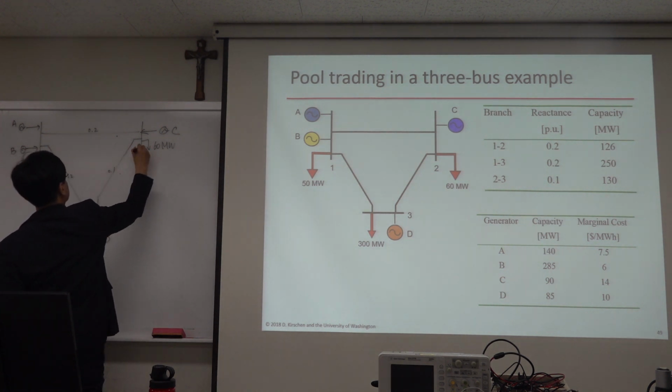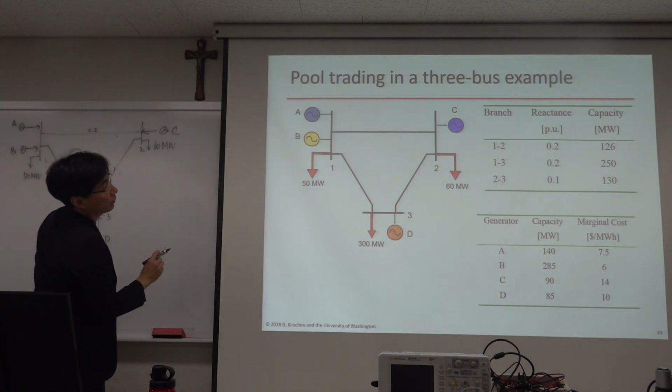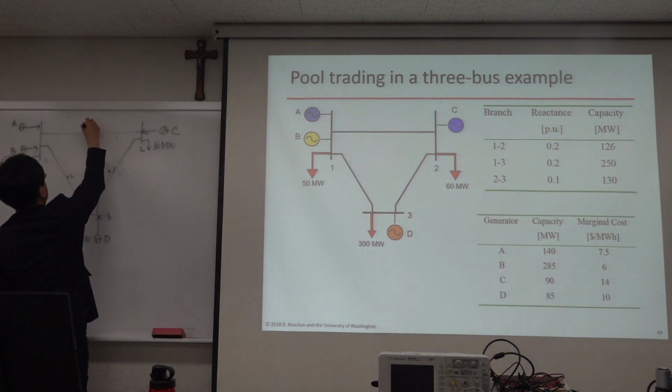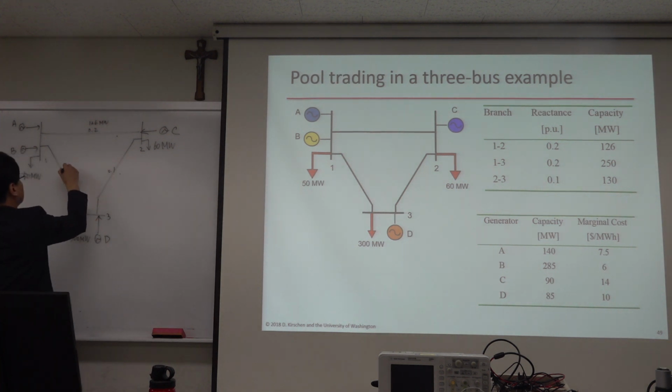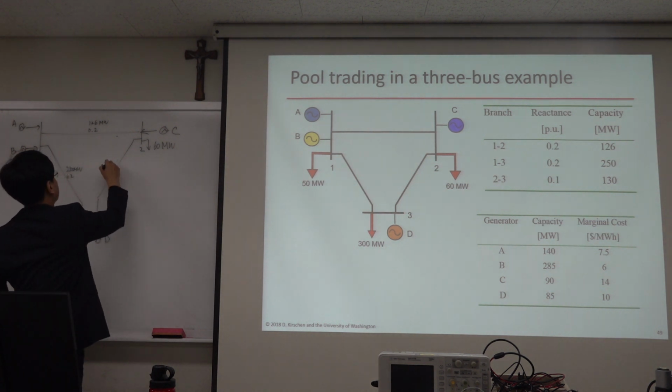So bus 1, 2, 3, and the maximum capacity is 126, 250, and 130.